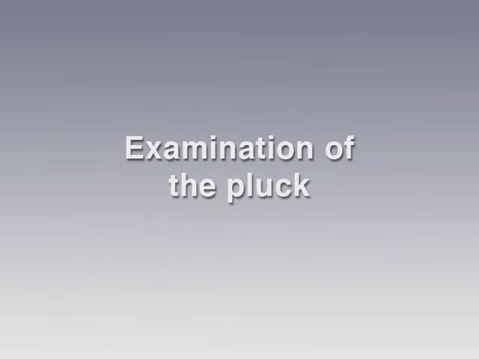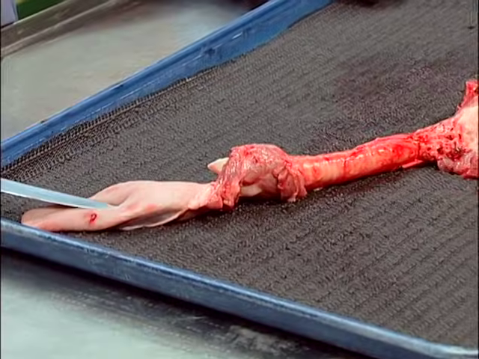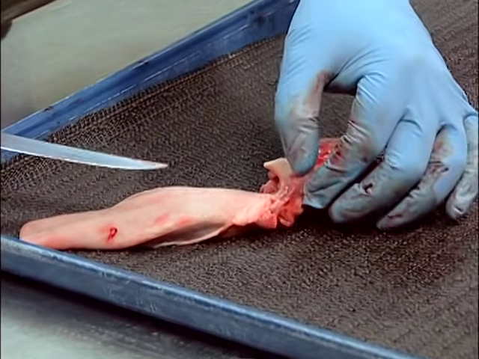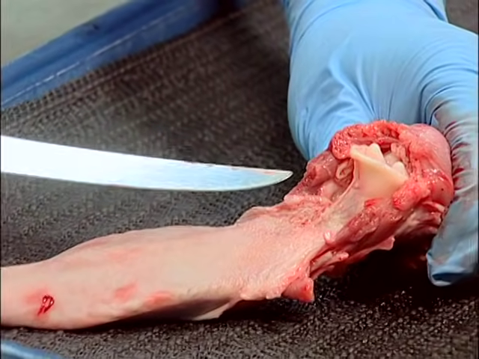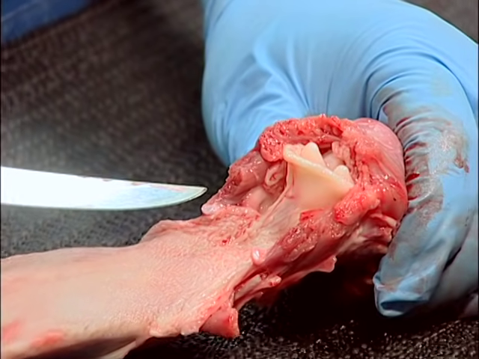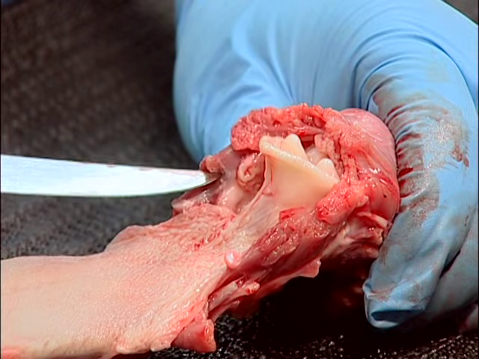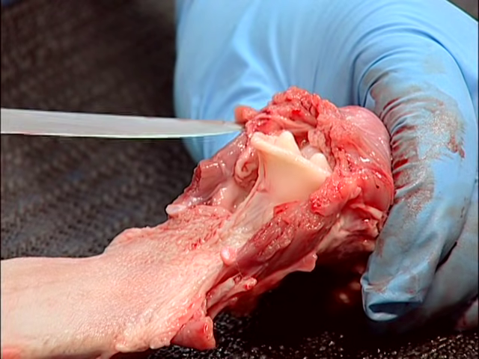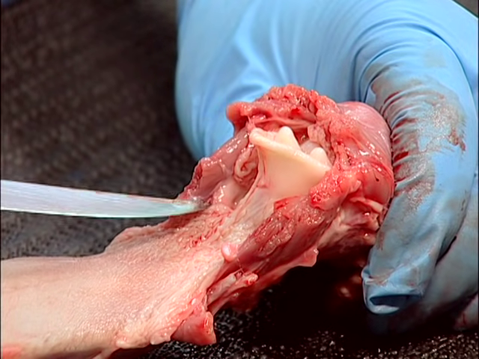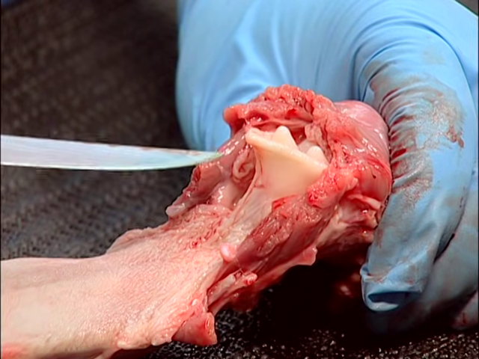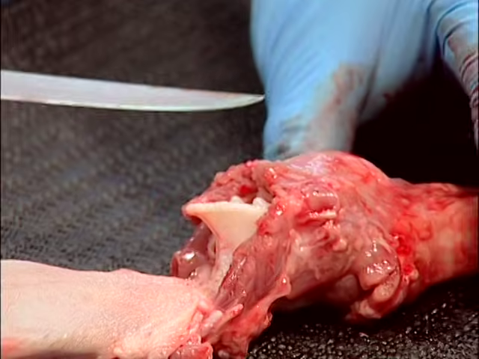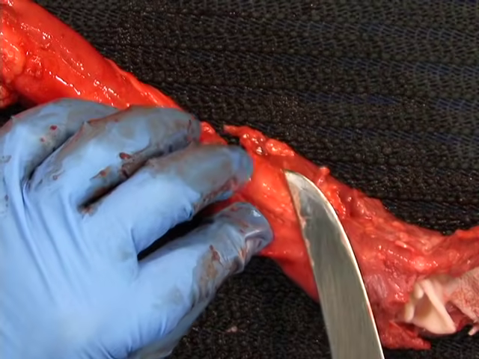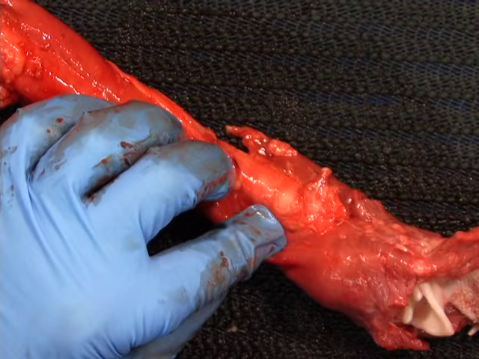Examination of the pluck. Examine the tongue, tonsils, pharynx, and larynx. Then locate and examine the thyroid and parathyroid glands.